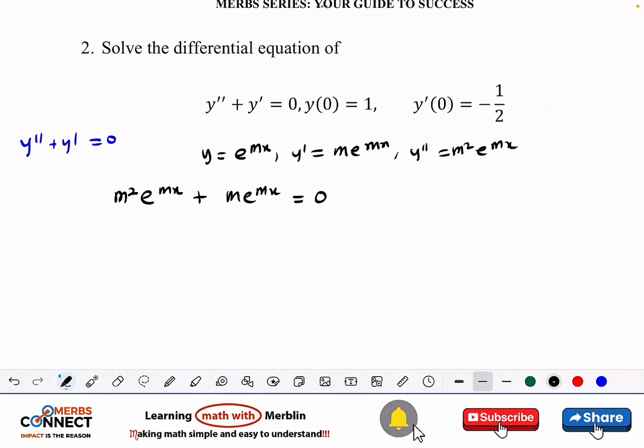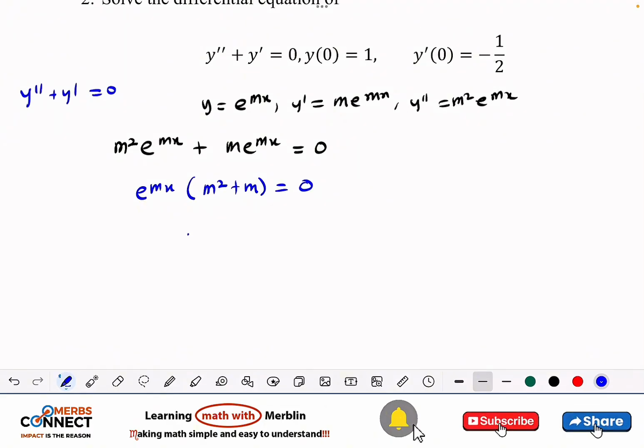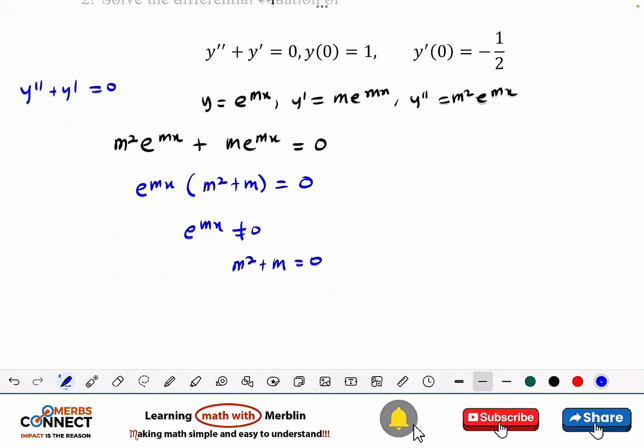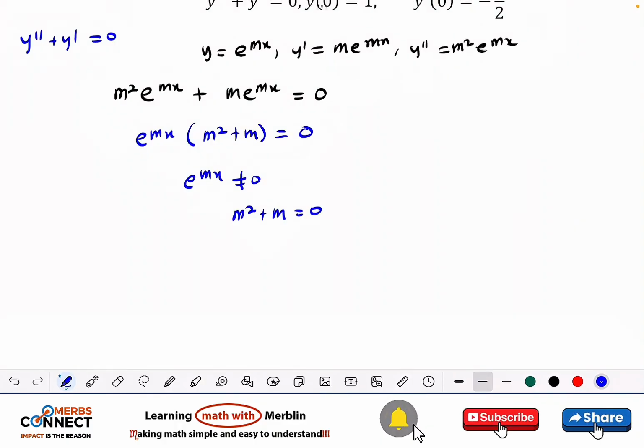Now what can I do again? The same process again. Factor e to the power mx out. m squared plus m is equal to 0, and we are saying that e to the power mx shouldn't be equal to 0. So what are we going to get from here?